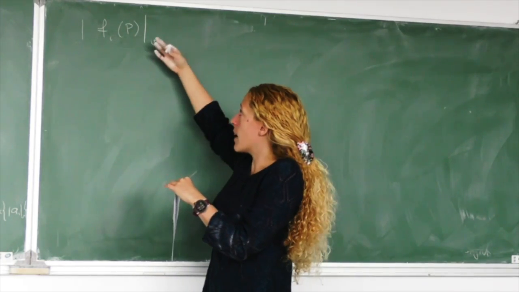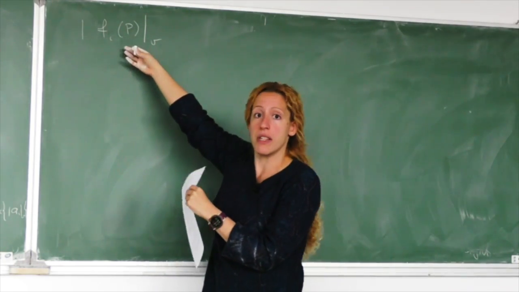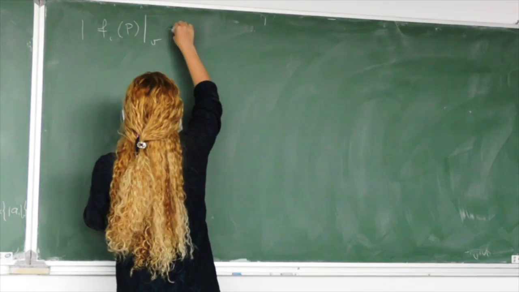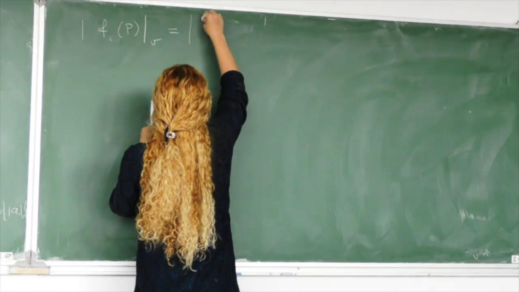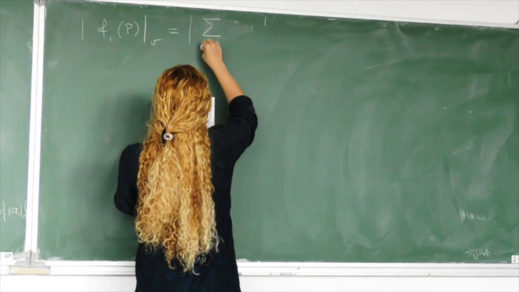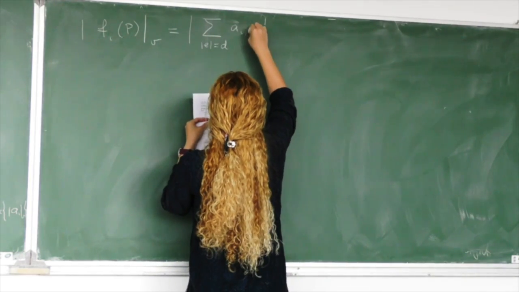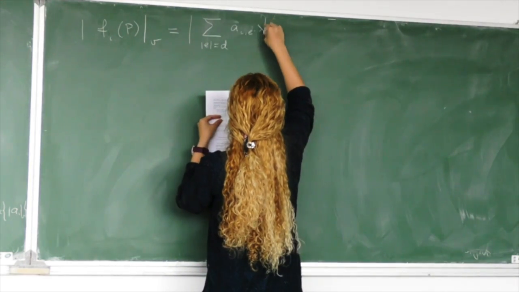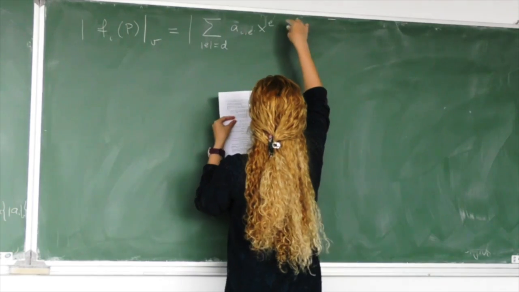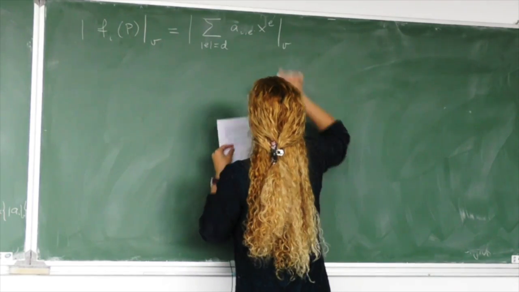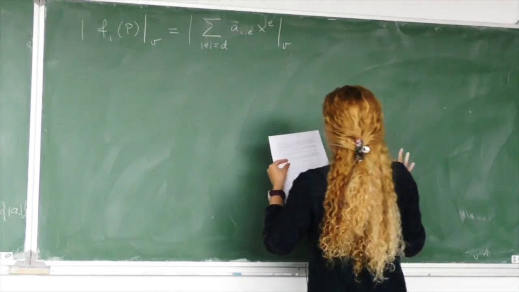So I'm going to look at the height of each of the coordinates of the image. This is equal by definition to this. I'm just rewriting F in the way I wrote it there, with this fancy notation.